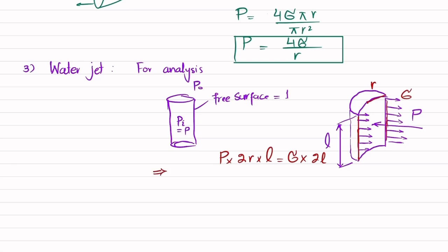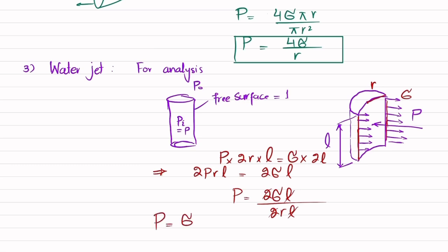So we can write 2PRL is equal to 2 sigma L, and P will be equal to 2 sigma L over 2RL. L and L will cancel each other and 2 will also cancel each other. So the inside pressure P will be equal to sigma over R. If you know the surface tension for the fluid and the radius of this cylindrical jet, you can find this internal pressure P needed to maintain this cylindrical jet.